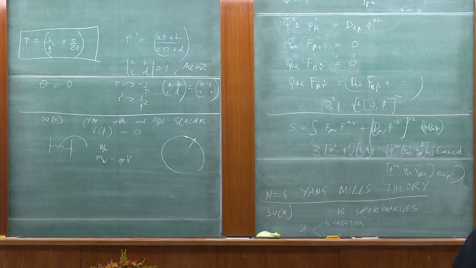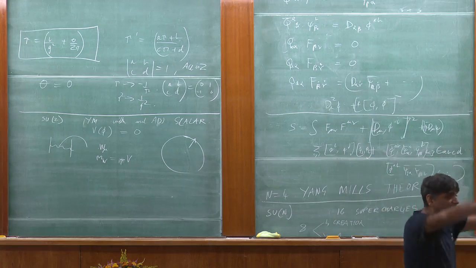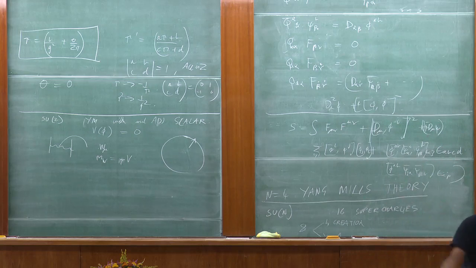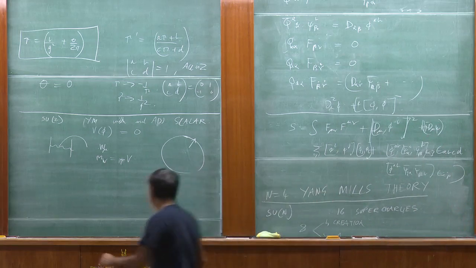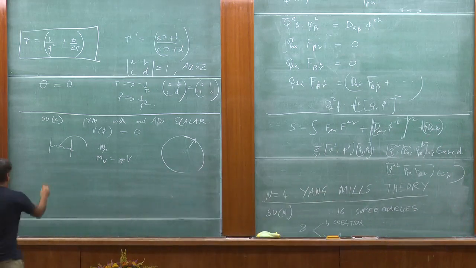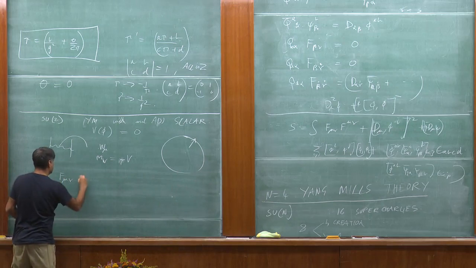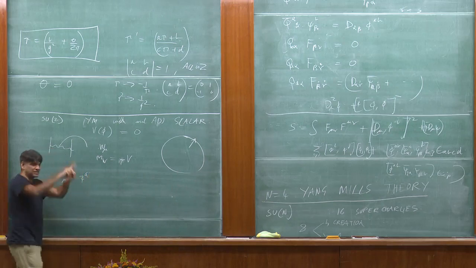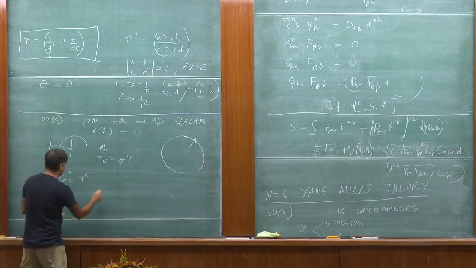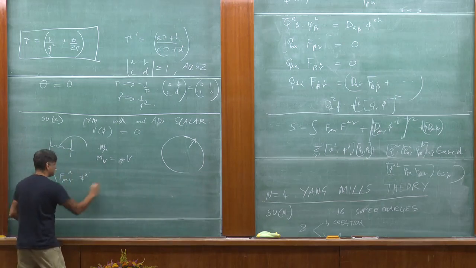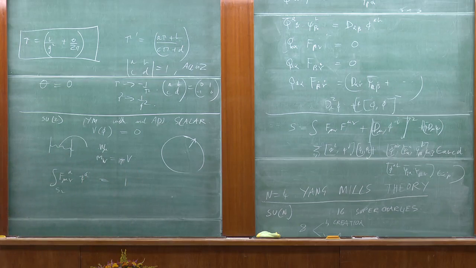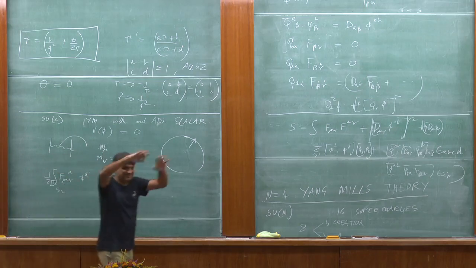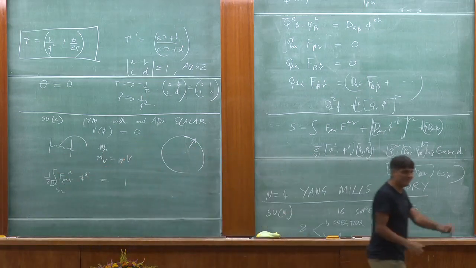But this configuration now has both winding scalars as well as a non-trivial gauge field. The non-trivial gauge field has 1 unit of magnetic flux. In particular, F mu nu phi a, where phi a is this winding guy, integrated over an S2 is equal to 1 in the right unit. 2 pi probably. This is this magnetic monopole.